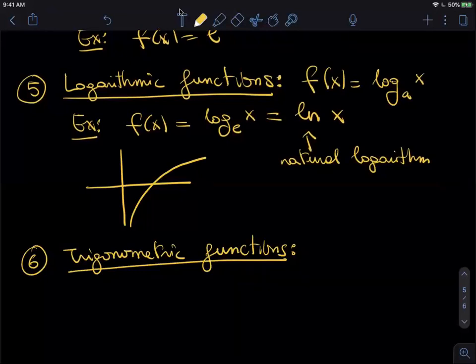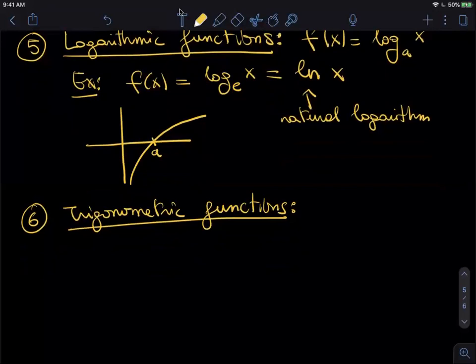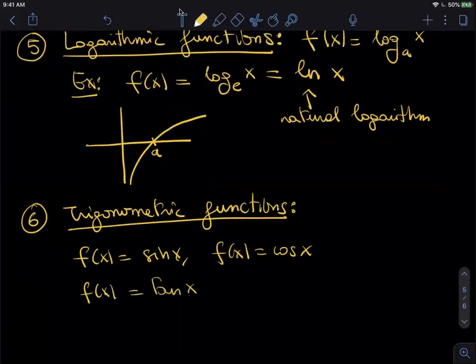So this will be a. The trigonometric functions: we have the direct ones, f of x equals sine of x, cosine of x, the tangent of x, which is the sine of x divided by the cosine of x.